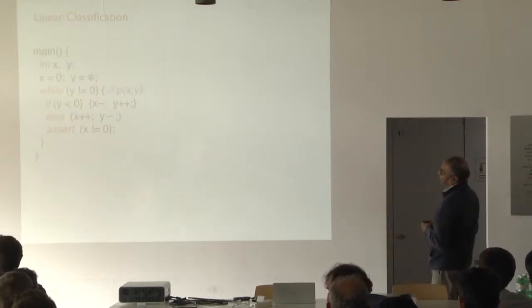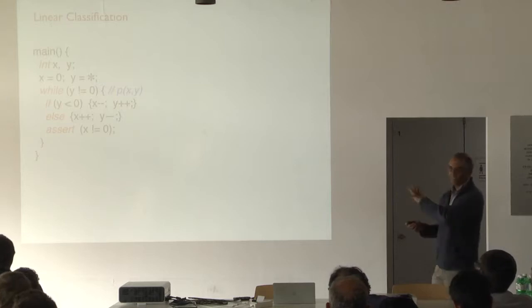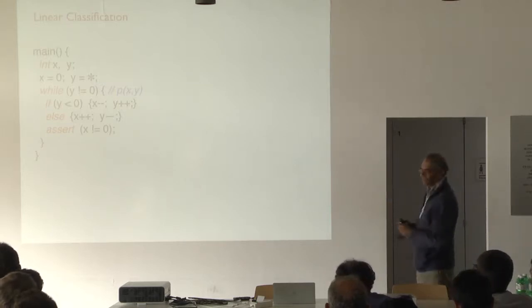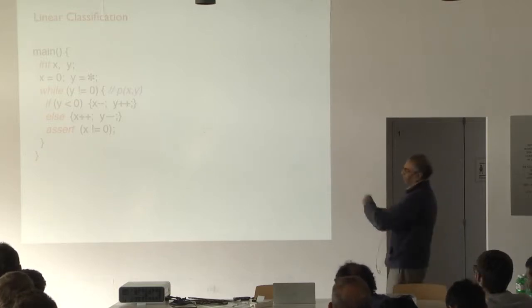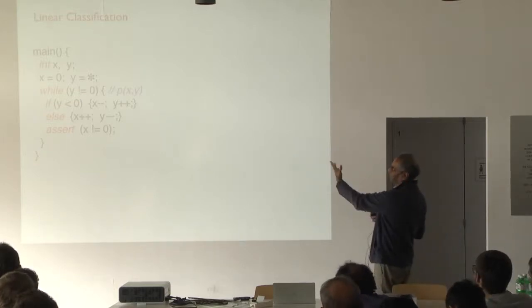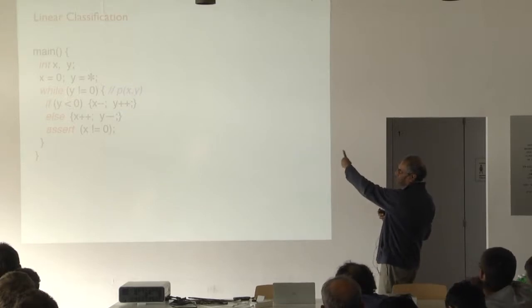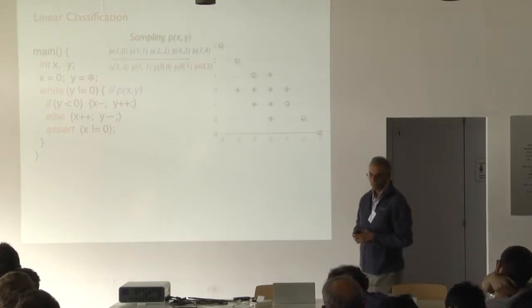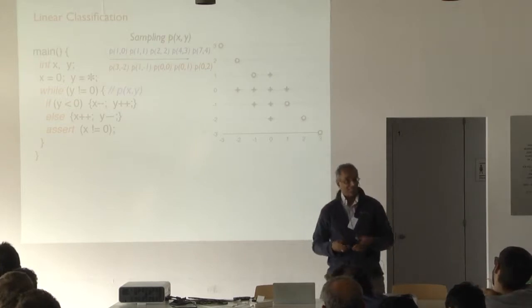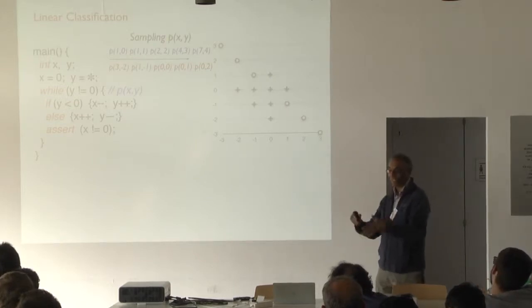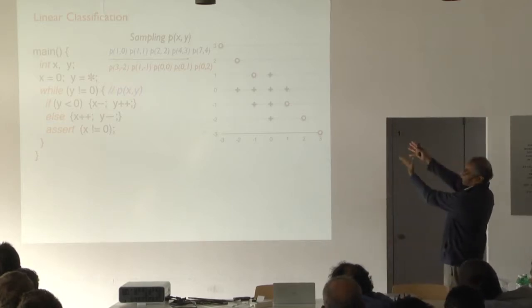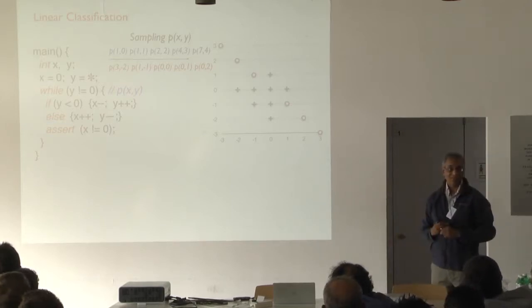Okay, so here's a slightly more complicated program. The program in and of itself isn't that interesting, but just as we had before, there's a loop invariant that governs the behavior of that while loop, and our goal is to try to discover it. Except that when we do sampling, and for the moment just assume that I can generate these negative samples, we get a graph that looks much messier than we had before.